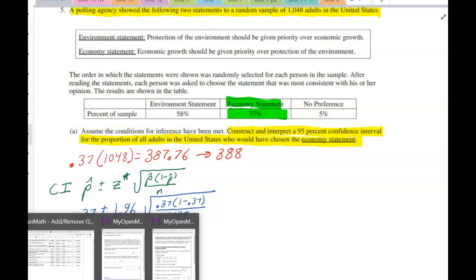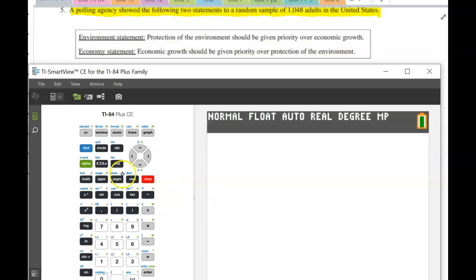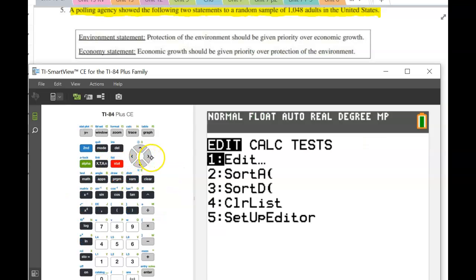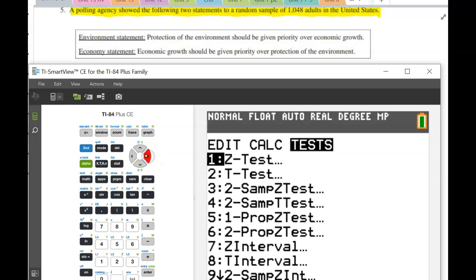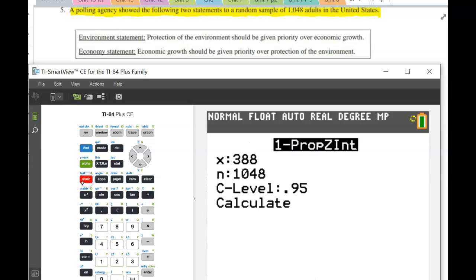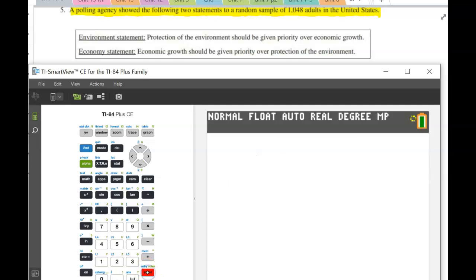Doing that on my calculator, I'm going to go Stat, move over to Test, and scroll down to letter A, the one proportion confidence interval. We're going to type 388, 1,048, confidence level 0.95, and then move down to Calculate and press Enter.